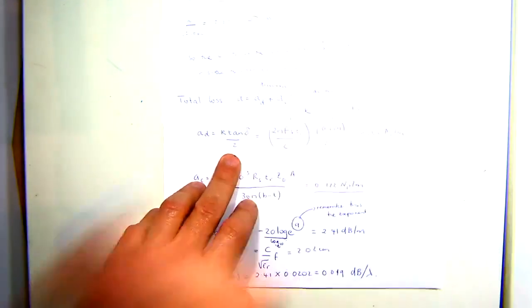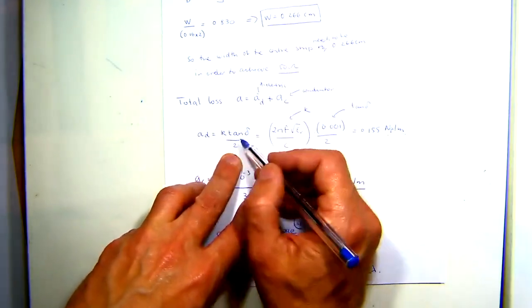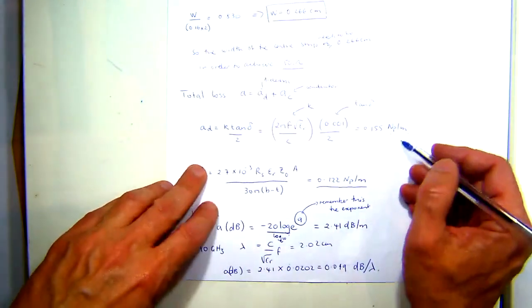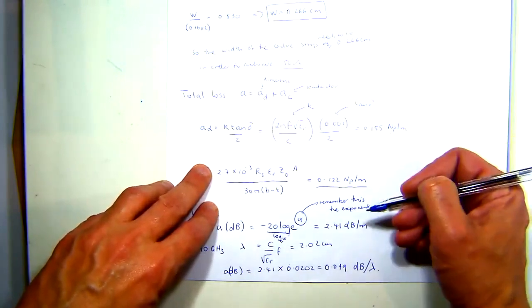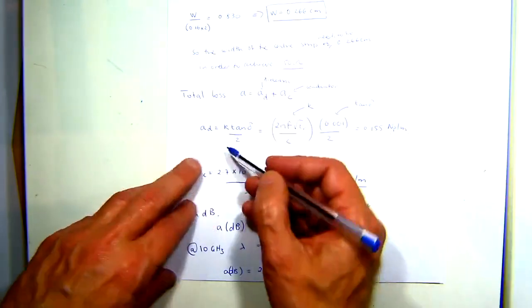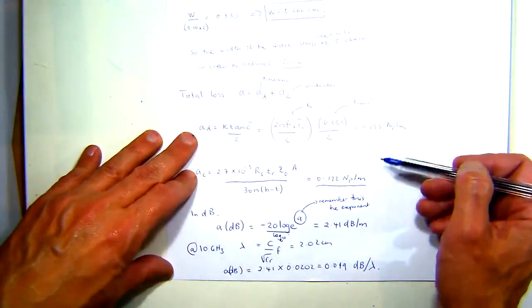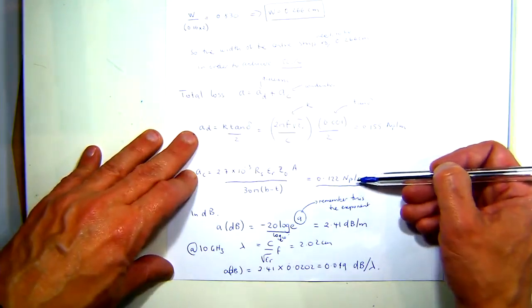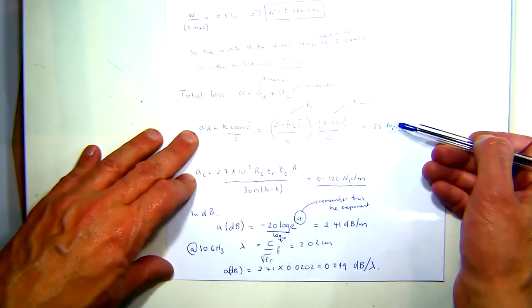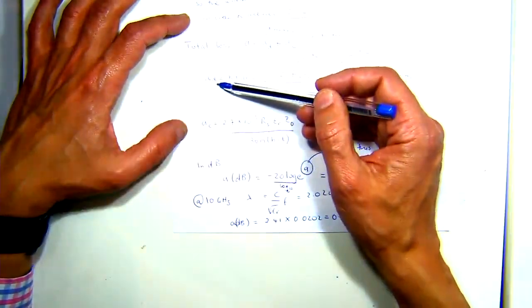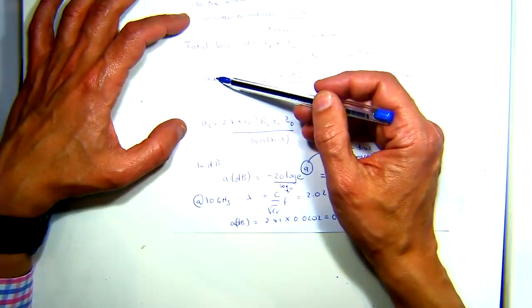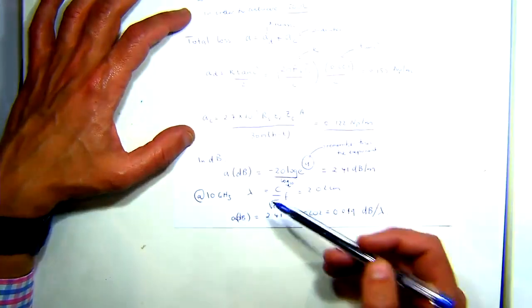In this particular case, I've told you you've got to use this material, but generally, if you wanted very high loss, very low loss, high fidelity, you could choose either thicker conductors and/or different dielectric material. Anyway, I've got the total loss in nepers per meter in terms of dielectric loss and conductor loss.